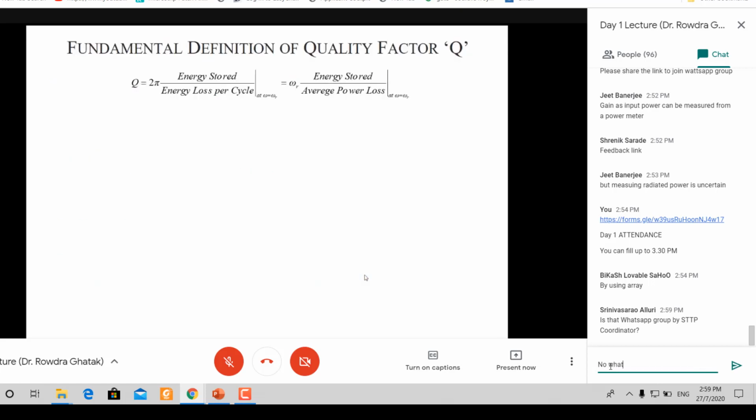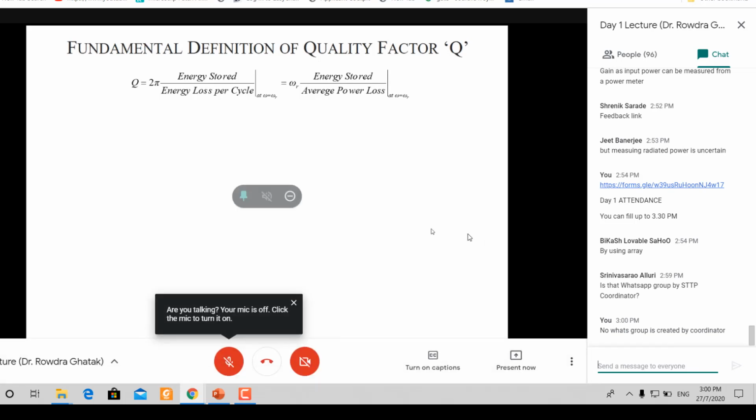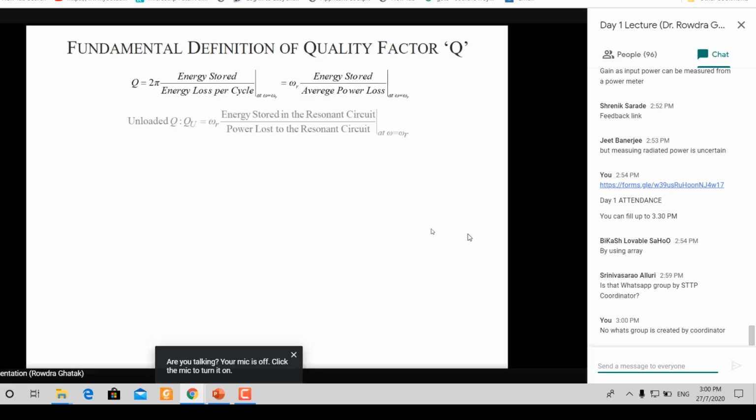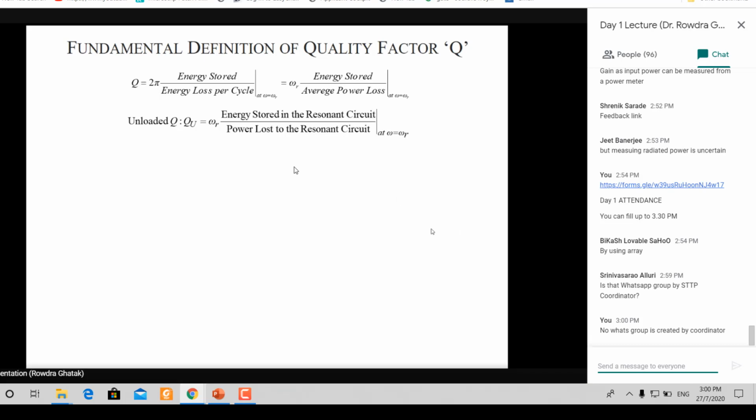So we come to the third and finally the last point, and we can also have some associated quantities along with this information on Q. That is determining the quality factor of this resonator. It is basically a resonator, so what will be the quality factor? The quality factor, as you all know, is energy stored per cycle by energy lost per cycle. There are different manifestations of this fundamental information. For unloaded, the resonator is not connected to any external circuits.